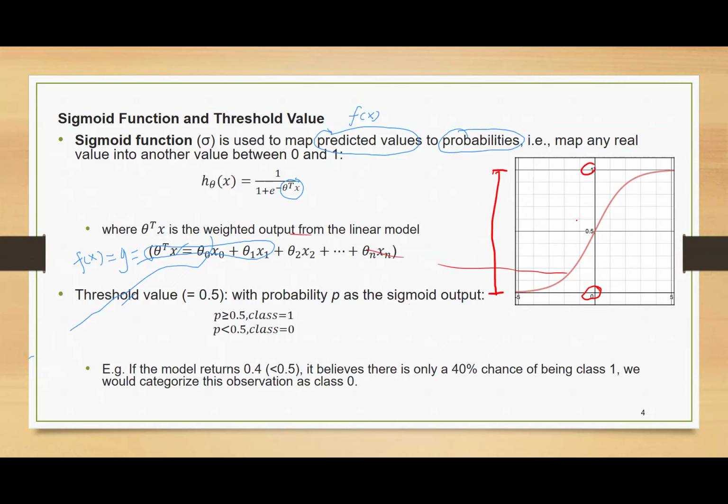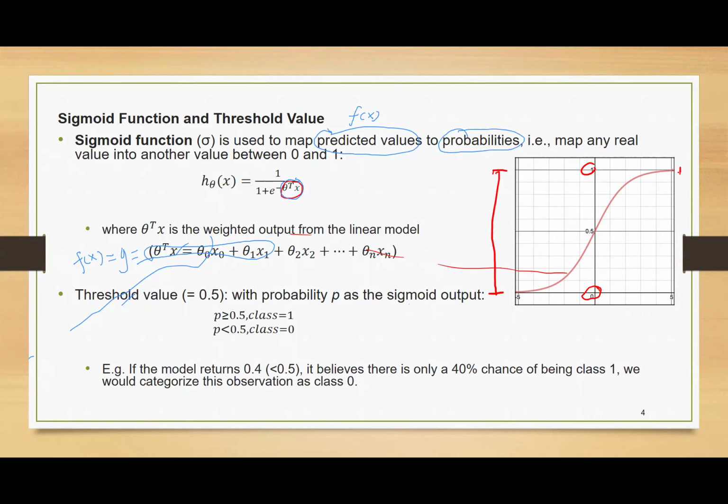When the input f(x) is a very big value, let's say 5 here, then the corresponding value after the sigmoid function is almost 1.